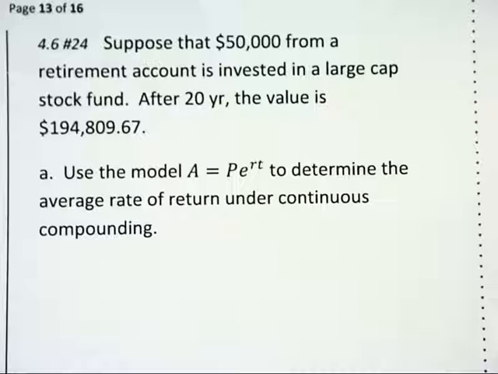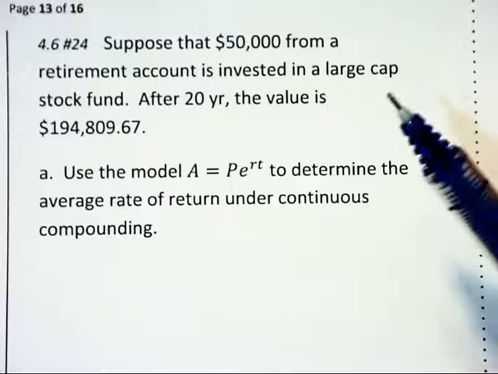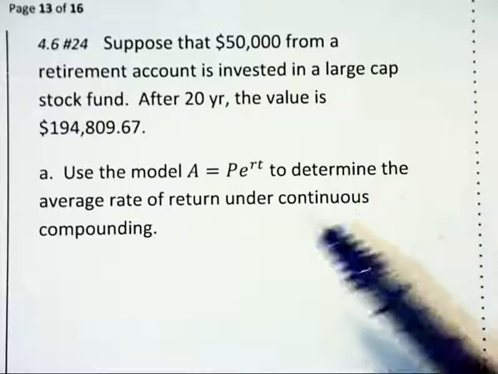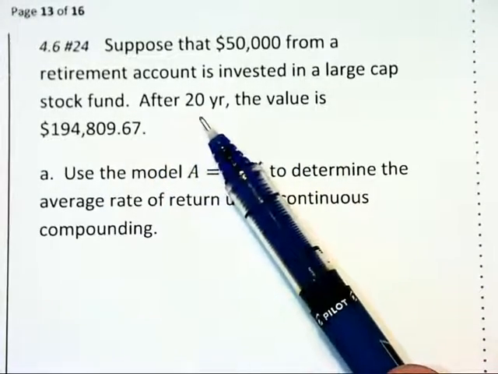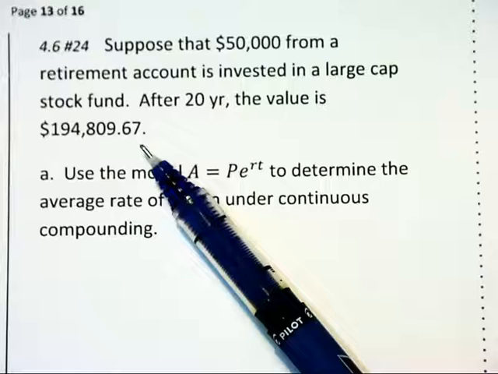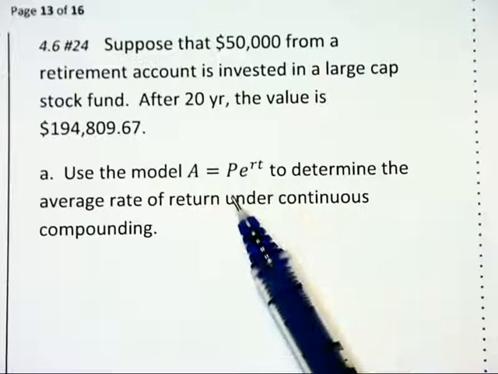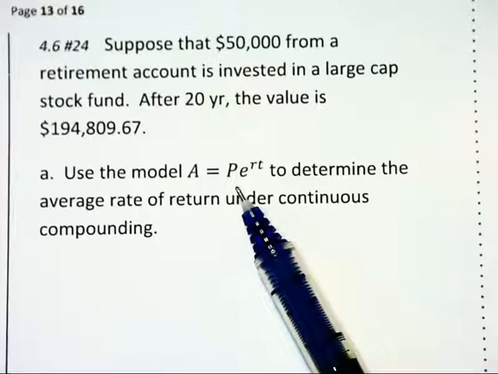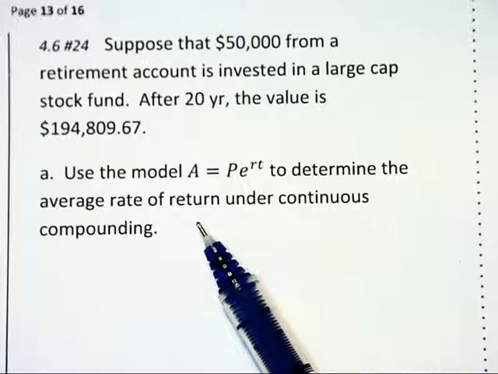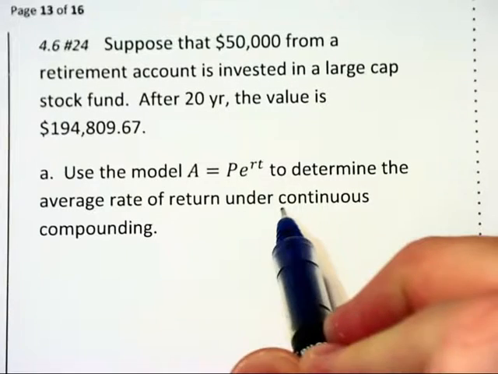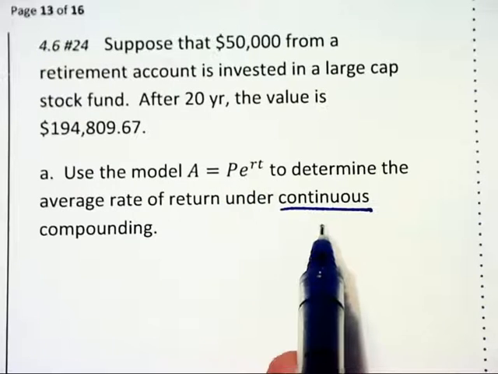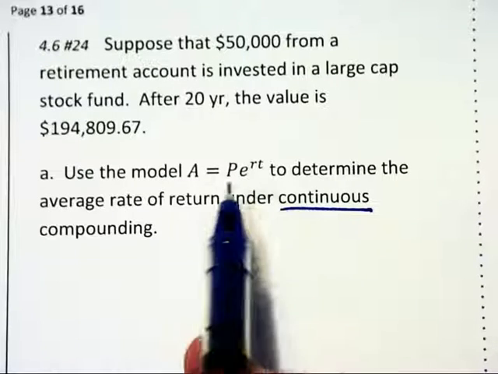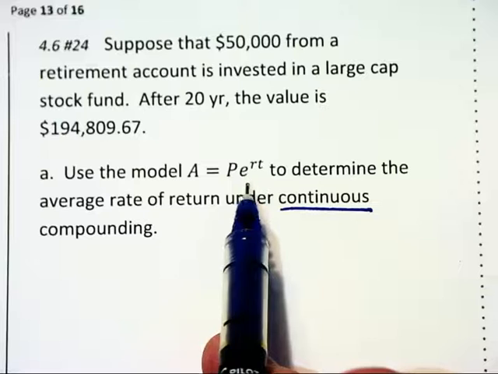Now we have an investment problem. Suppose that $50,000 from an investment account is invested in a large cap stocks fund. After 20 years, this becomes the value. Now they want us to use this formula, the PERT formula, to determine the average rate of return when there is continuous compounding. Even if they hadn't given us this formula here, the word continuously compounding would have told us to use this formula.